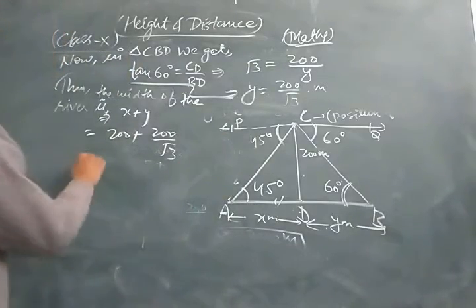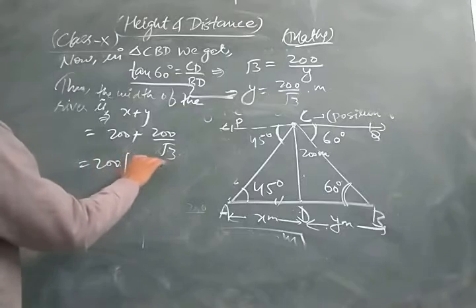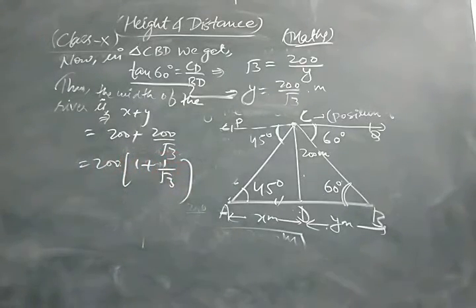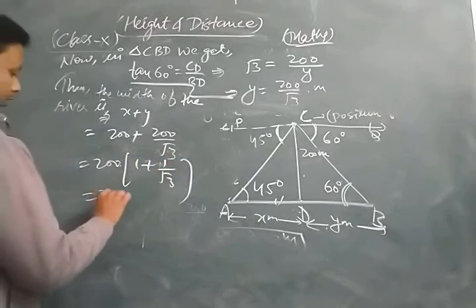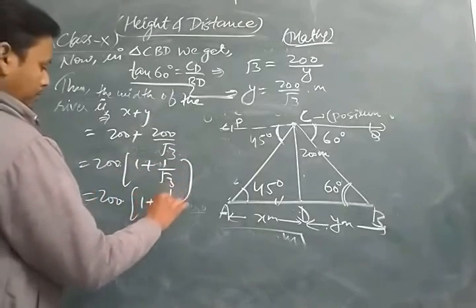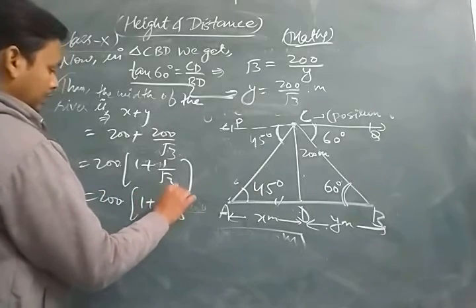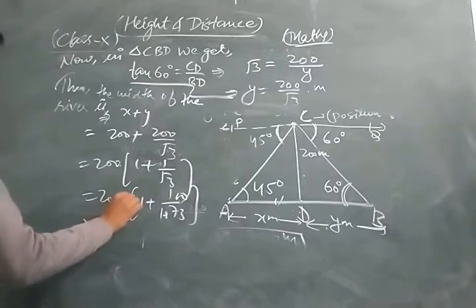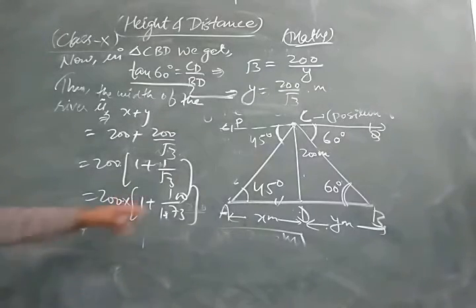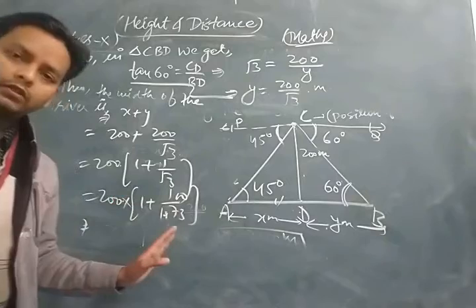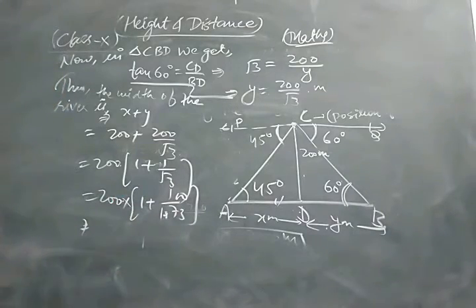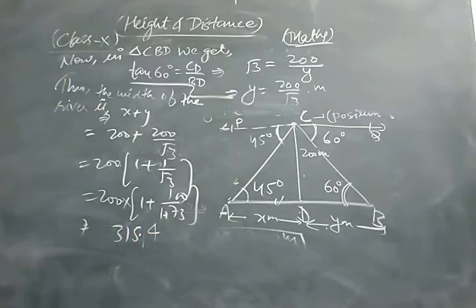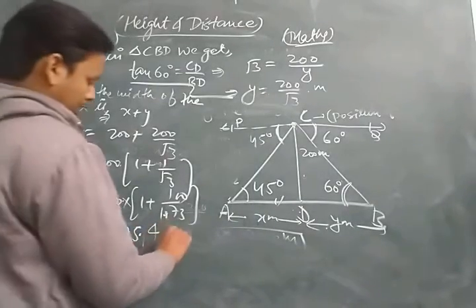Now we take 200 as common, so that is 200 times 1 plus 1 upon root 3, and you know that the value of root 3 is 1.73. After simplifying and multiplying, we get 315.4 meters.